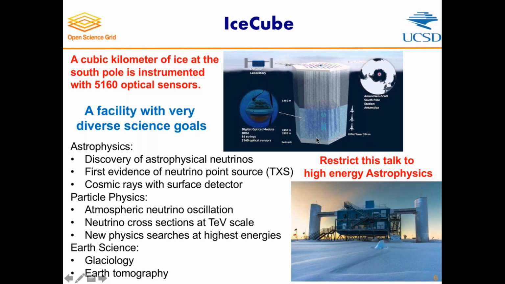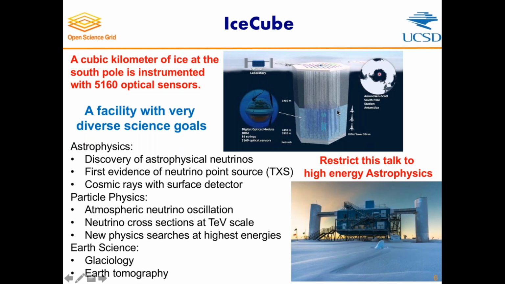The way this gets deployed is you quote unquote drill into the ice by heating up the ice, turning it into water, and then letting a string with these kinds of modules submerge slowly into the ice, so that you have vertical lines up and down with these digital optical modules spaced apart from each other.